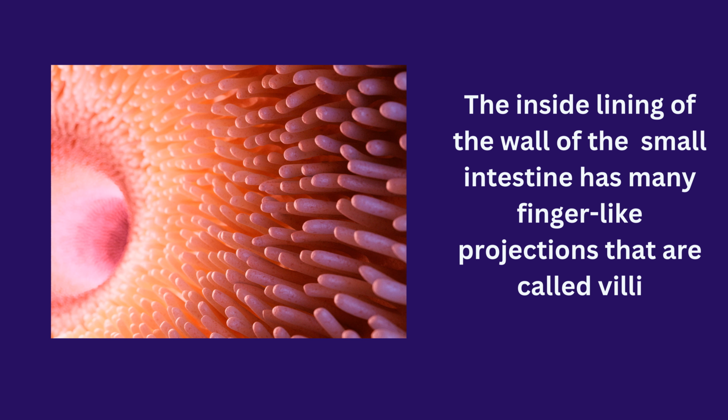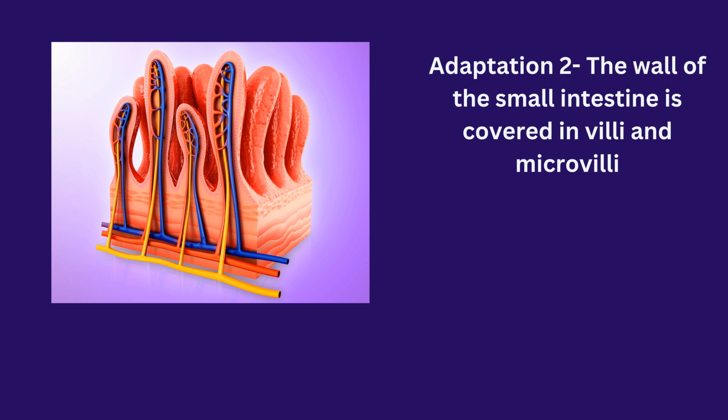The inside lining of the wall of the small intestine has many finger-like projections that are called villi. So let us now look at how these villi allow the small intestine to carry out its function of absorption before the nutrients get to the large intestine. Adaptation number 2. The wall of the small intestine is covered with villi and microvilli.